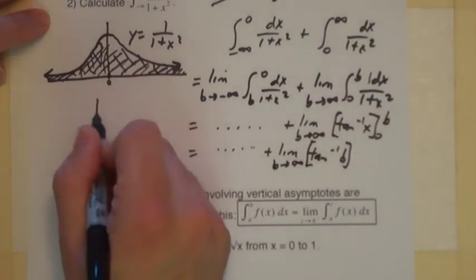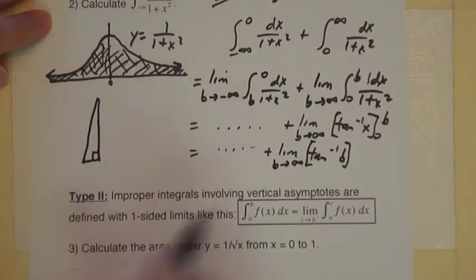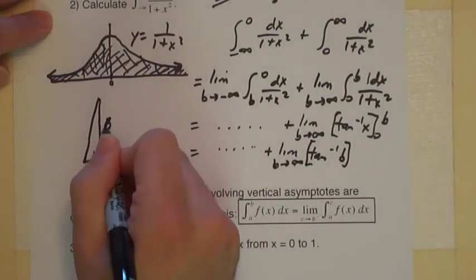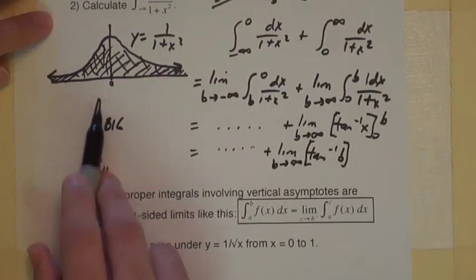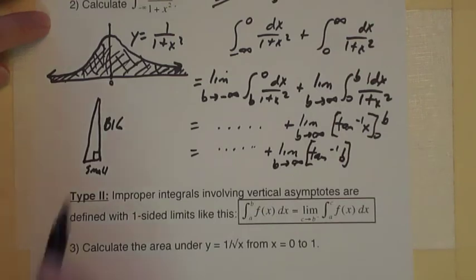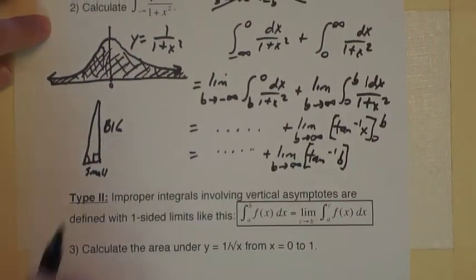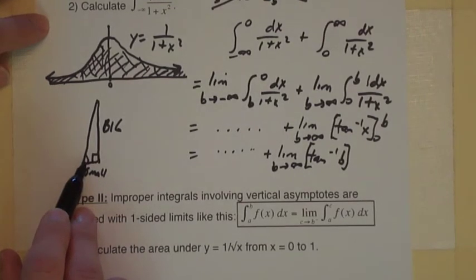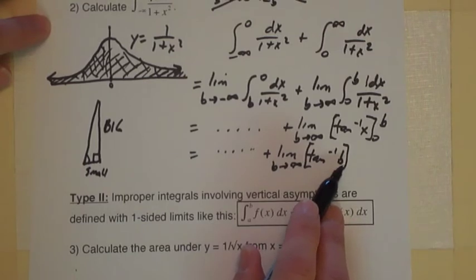If you think about drawing a right triangle where the tangent, the ratio of opposite to adjacent, is big, you need a big opposite side and a small adjacent side in order for that ratio to be big. So this angle needs to be as close to 90 degrees as possible. In the limit, therefore, the inverse tangent of infinity is 90 degrees, or pi over 2.